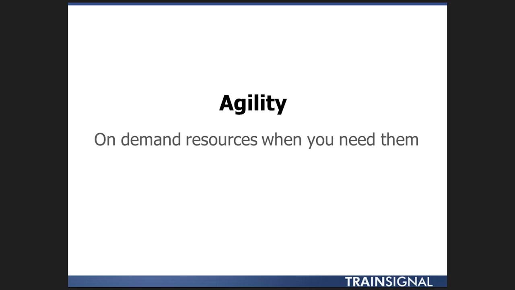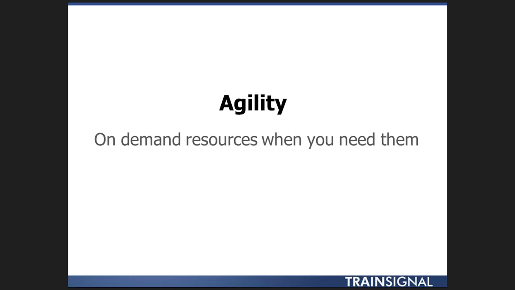So the next question is, why are people choosing vCloud Director to run their applications? The first answer is agility, and these are very conceptual ideas, but they're really core around the concept of vCloud Director. So agility is the first one.